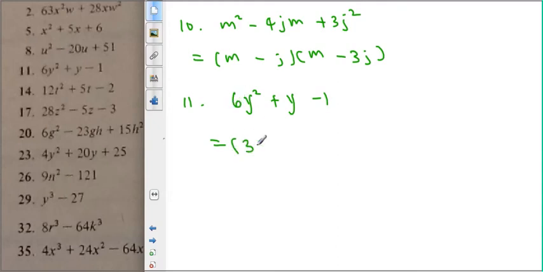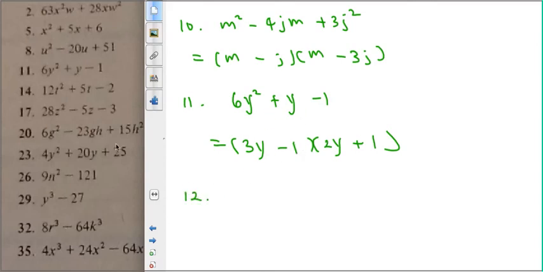So if you have 3y and 2y, and we have to have negative 1 as the answer, that means one of them has to be positive 1, the other one has to be negative. But since their sum has to be positive, we have positive 1 over here, then 1 times 3 becomes positive 3y, and negative 1 right over here, so negative 1 times 2y becomes negative 2y. So there it goes. When you add them up, we get positive y.